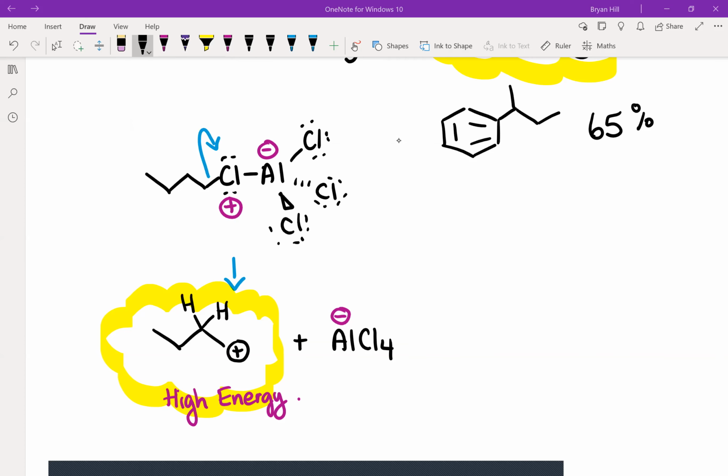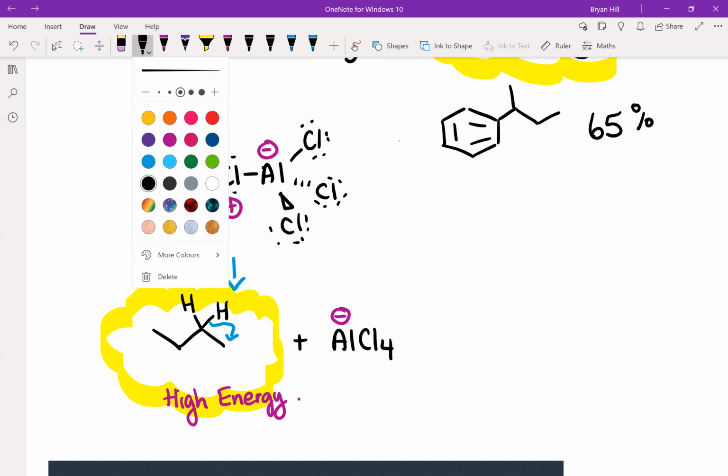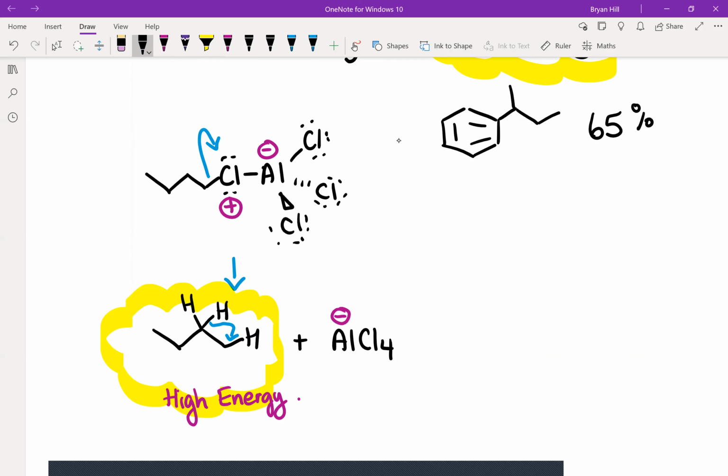Hydride shift. So if one of these hydrogens jumped over to the neighboring carbon, and let's draw all of the protons on here just so it's clear, we've got 2 protons plus the positive charge. If we do a hydride shift, that will give us a secondary carbocation, and then the ring can react with the secondary carbocation.